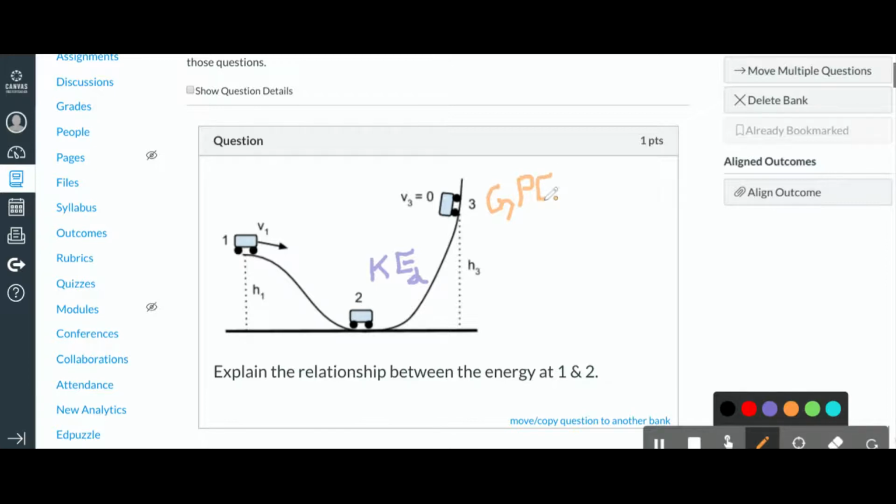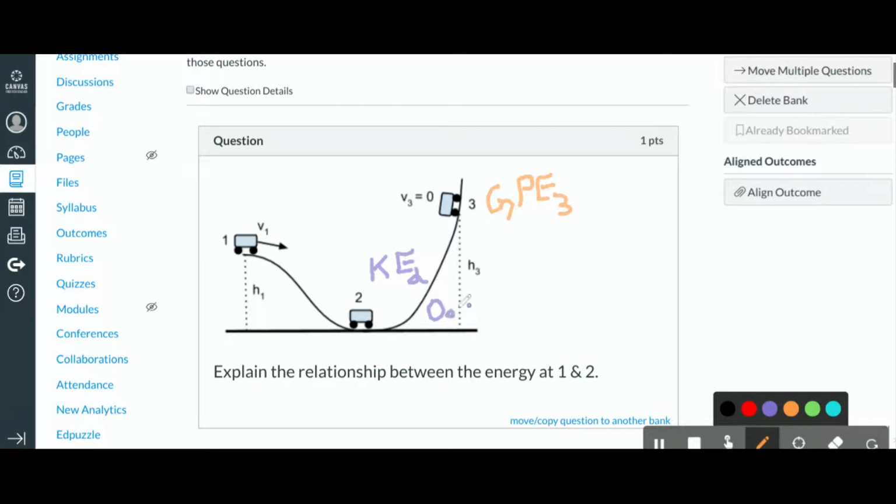So the next thing we need to do is figure out what variables come with this kind of energy. So kinetic energy is equal to 0.5 mv squared.